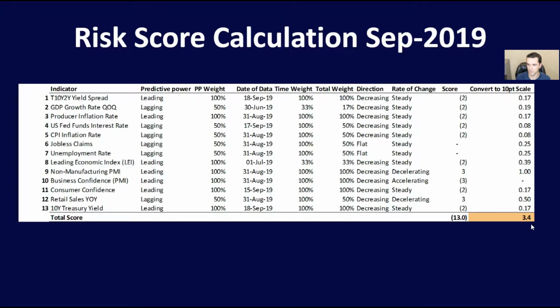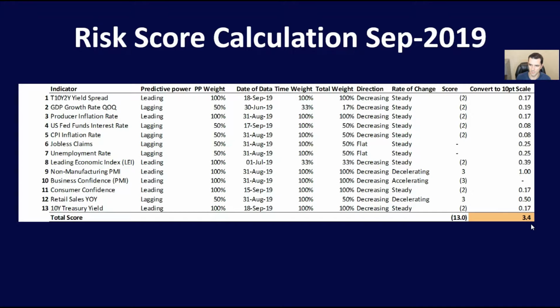You can see here for September 2019 the risk score is 3.4, so quite a bit better than the most recent update, which was August, where we had a score of 1.7. That was definitely the lowest I've seen in quite some time.